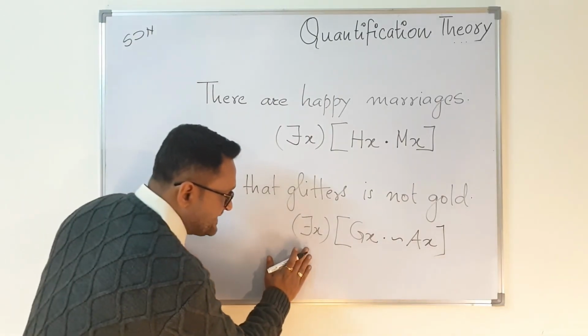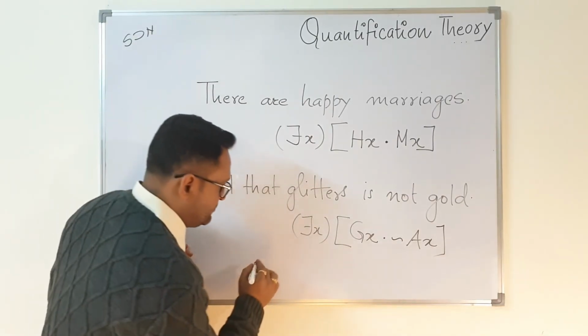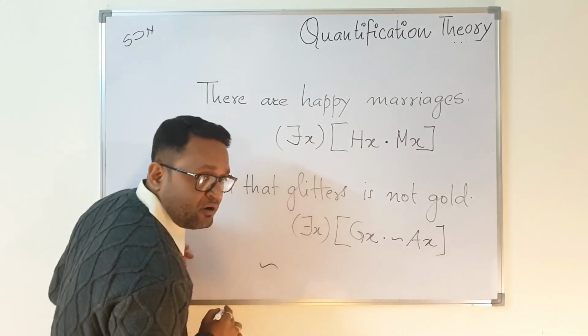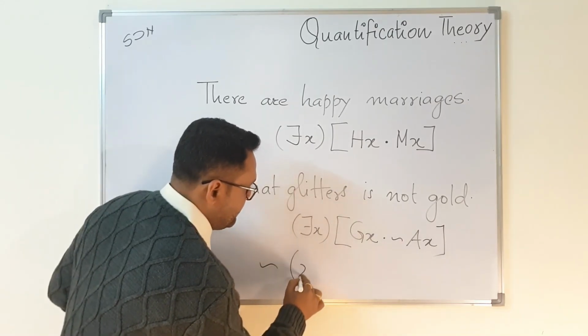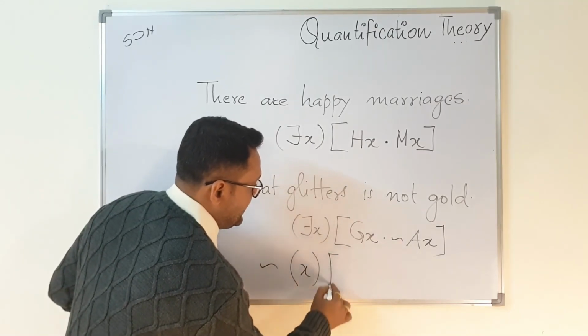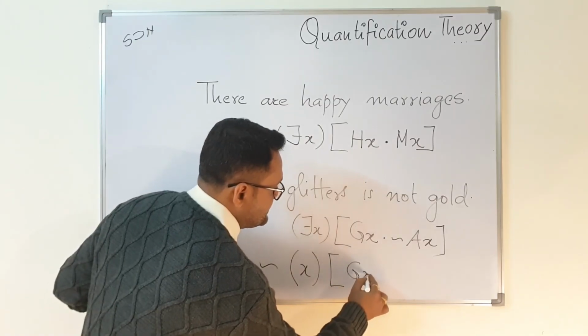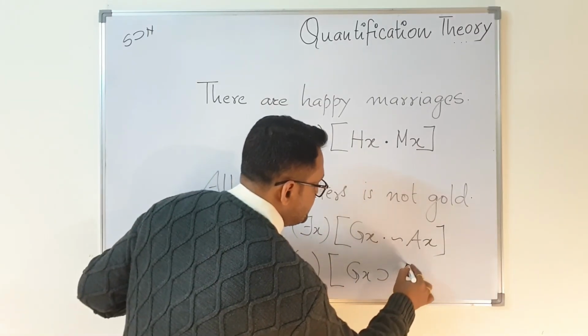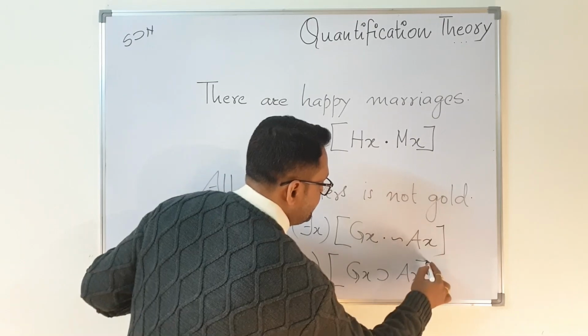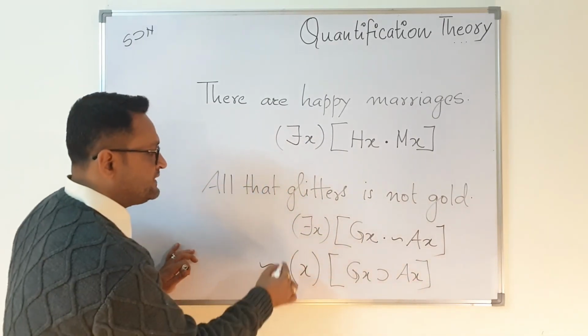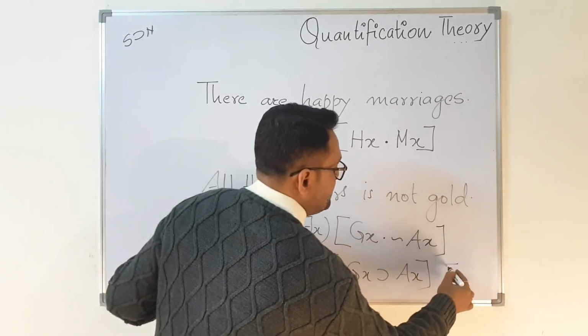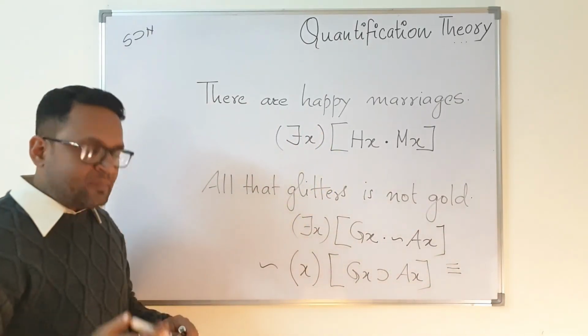Now this expression is equivalent to, it is not the case for all X, if X glitters, then X is gold. So if you see, both these expressions are equivalent expressions, right?